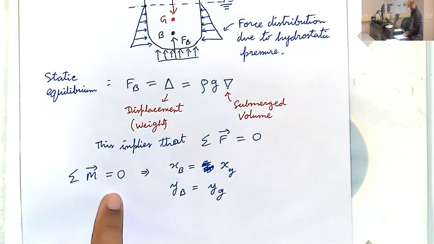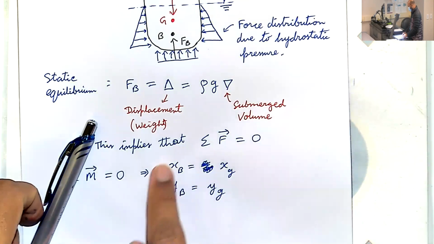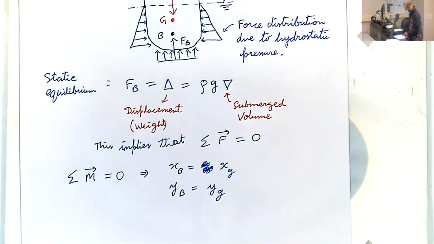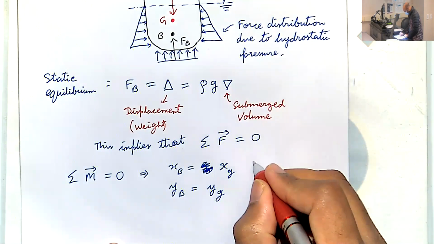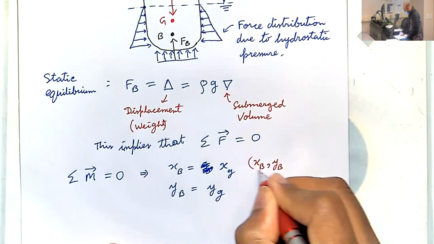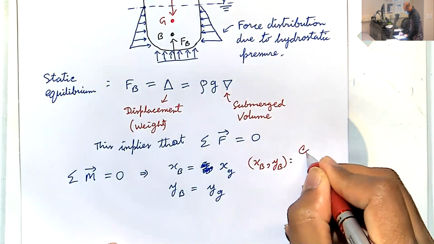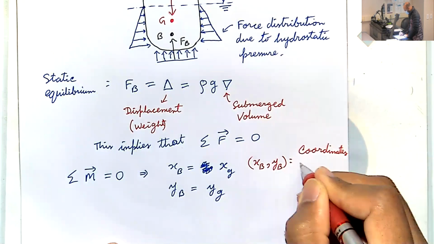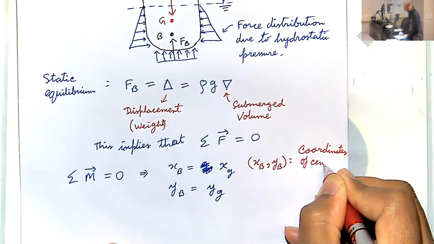So the moment sum is equal to 0, which means these two things are true. And let me just specify that xb and yb are coordinates of center of buoyancy.